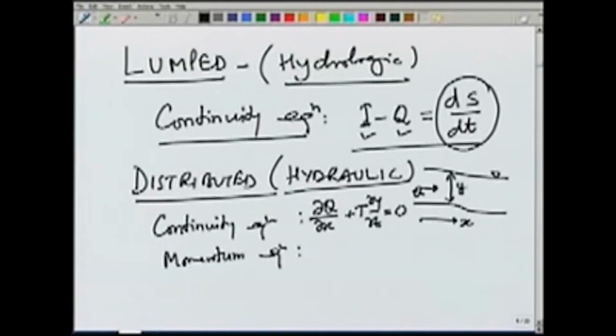The continuity equation can be written as, this is the change of discharge with distance. This denotes the net inflow or outflow into a particular control volume of very small width delta x, and then in the limit that delta x tends to 0, we would get the differential equation. T is the top width.